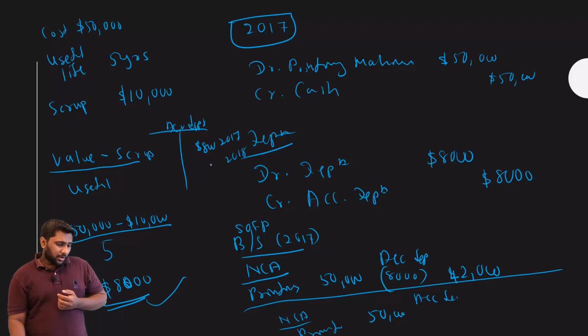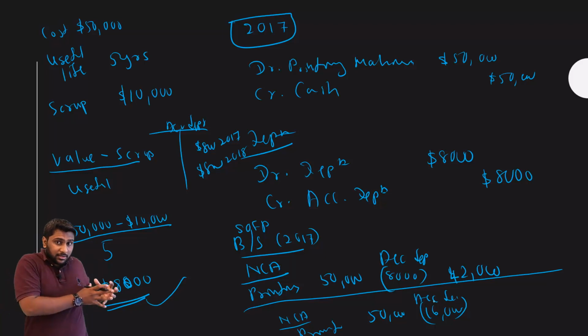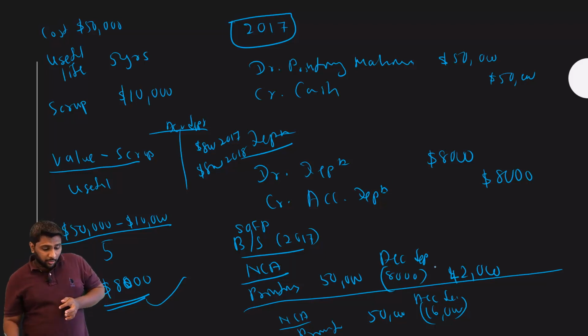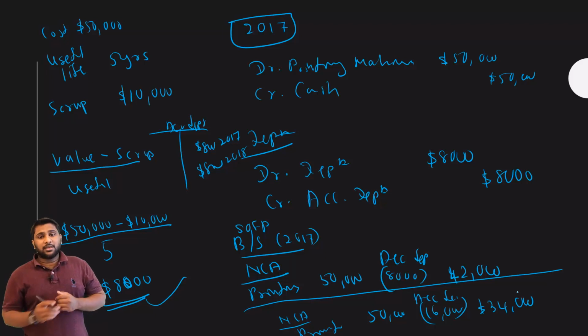For the year 2018 also another 8,000. So in total, how much is that? 16,000. So out of 50,000, if you deduct first year's 8,000 depreciation, second year's 8,000 depreciation, that means in total 16,000. How much will it be? It is 34,000 US dollars.